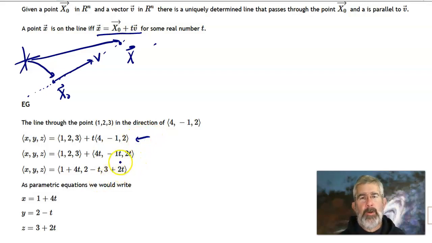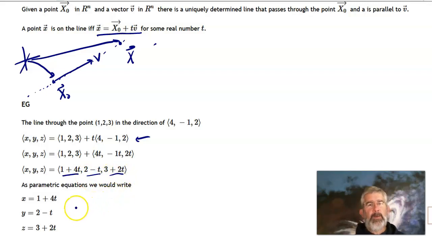I'm going to do a little bit more just to see it in a different light. So I'm going to distribute the t through. Let's multiply the scalar times that vector, just like that. Then add the two vectors component-wise, and you can see that the x-coordinate is 1 plus 4t, the y-coordinate is 2 minus t, and the z-coordinate is 3 plus 2t.